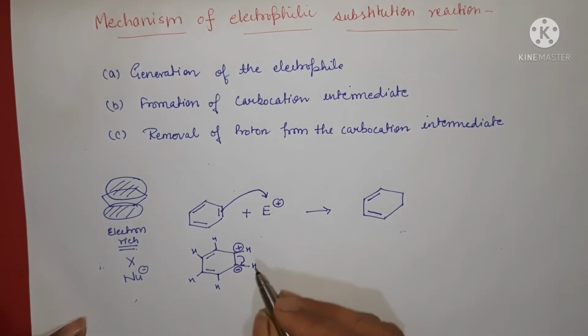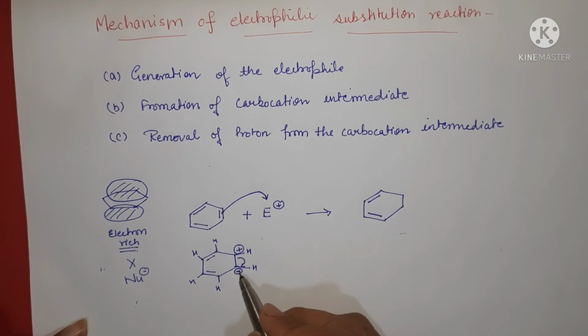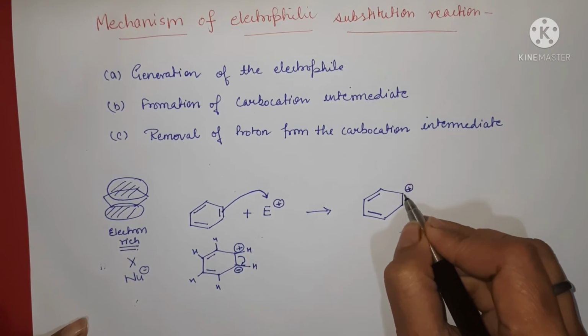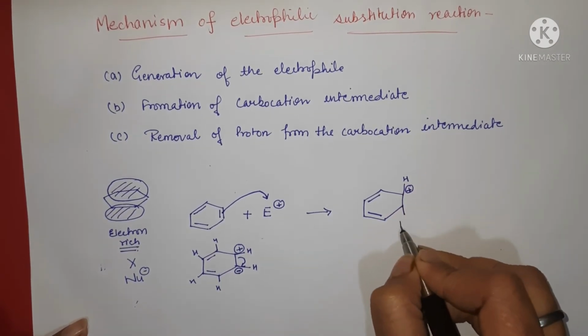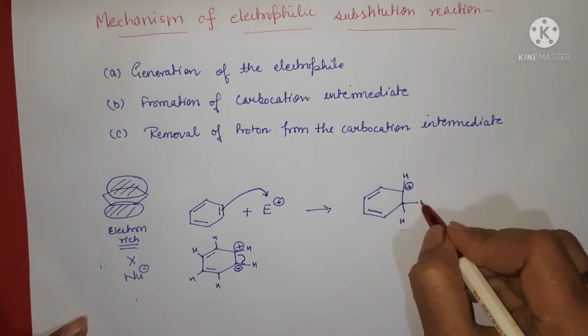All right, now on the negative part, this electrophile is going to attack, and we have one positive charge here with the hydrogen. So one hydrogen and one electrophile are now attached here.